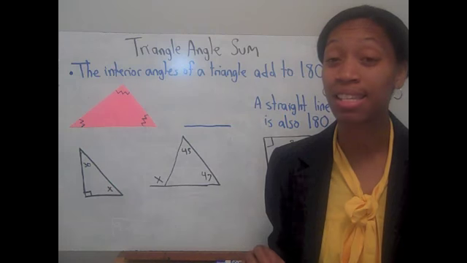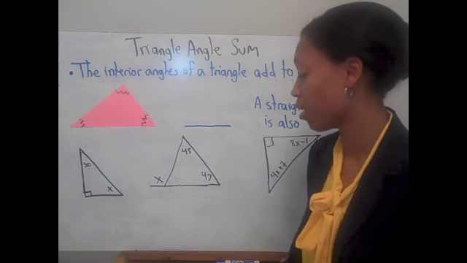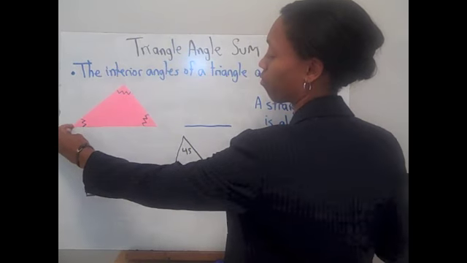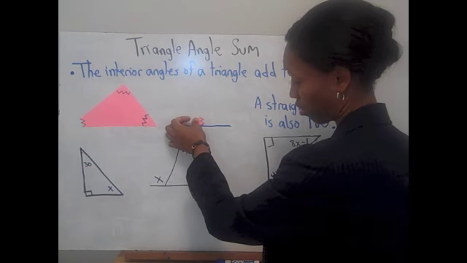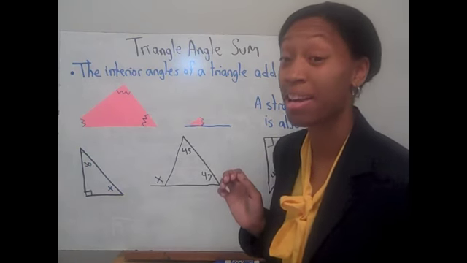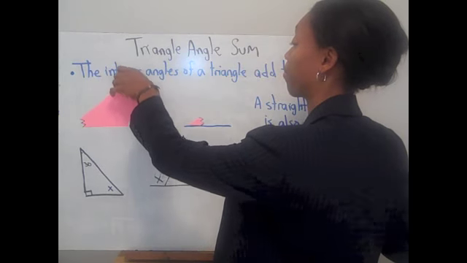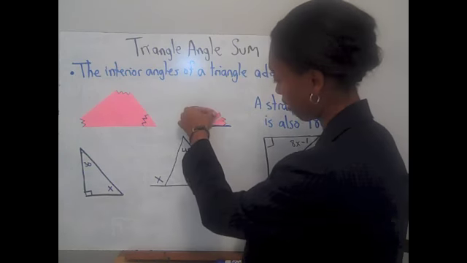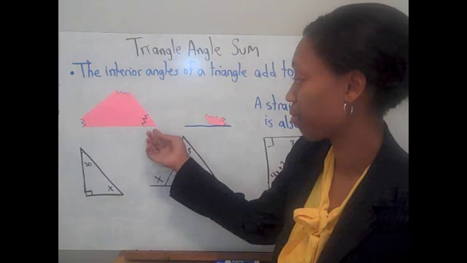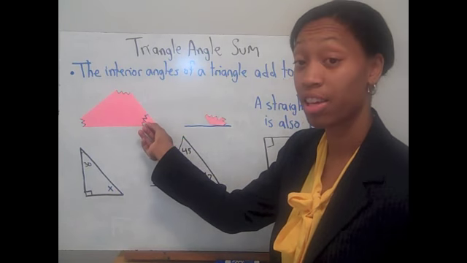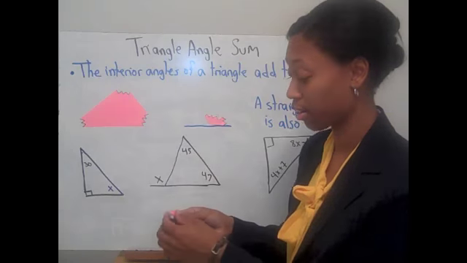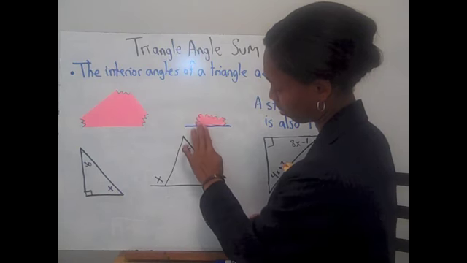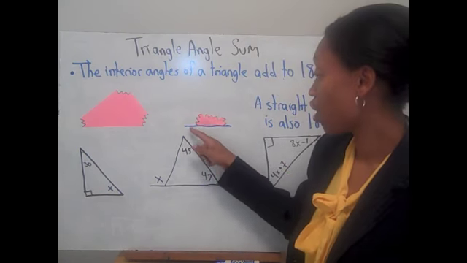So what this means is that if you take each of these corners of the triangle and add them all together, they should make a straight line.